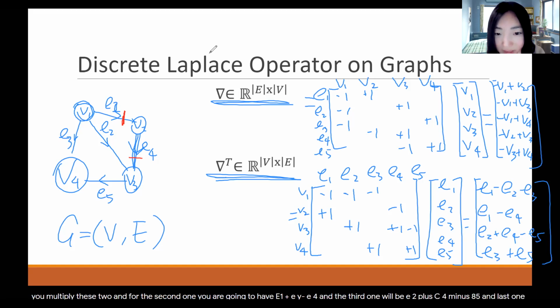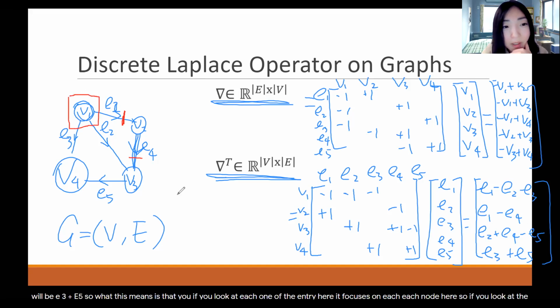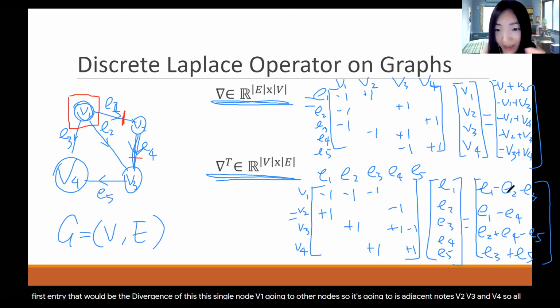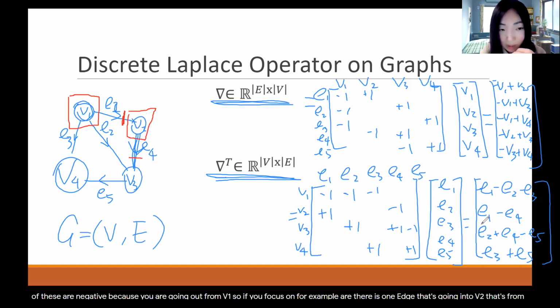So if you look at each one of the entries here, it focuses on each node. The first entry is the divergence of this single node V1 going to its adjacent nodes V2, V3, and V4. All of these are negative because you are going out from V1. If you focus on V2, there is one edge going into V2, from V1, so that's why it's positive.